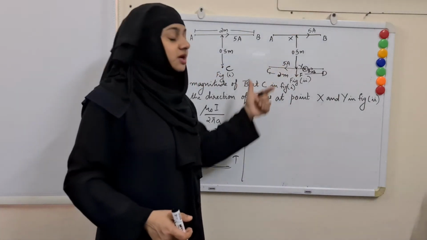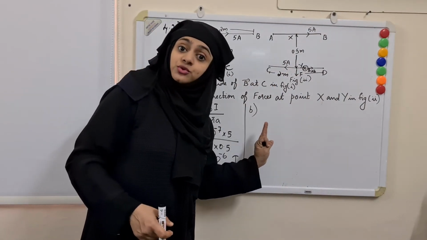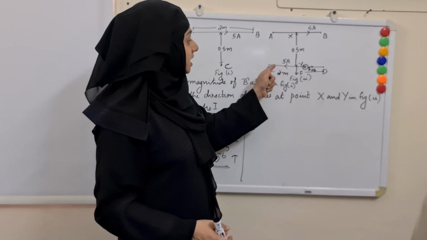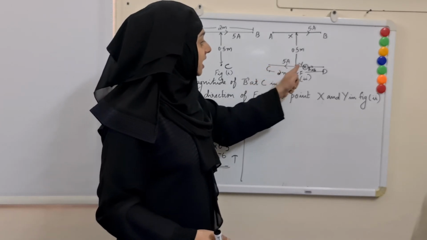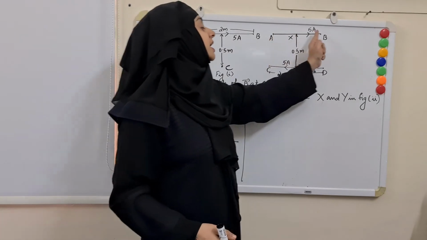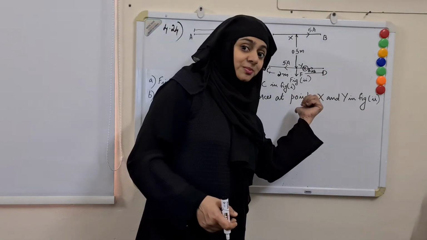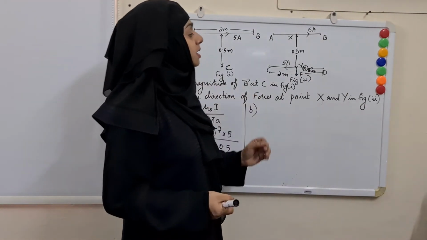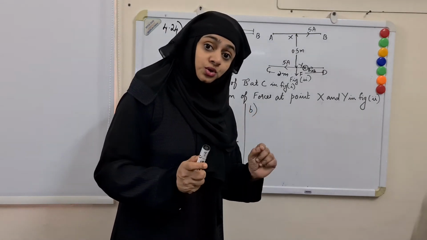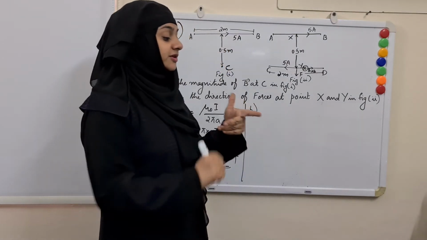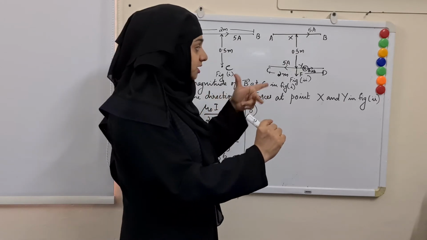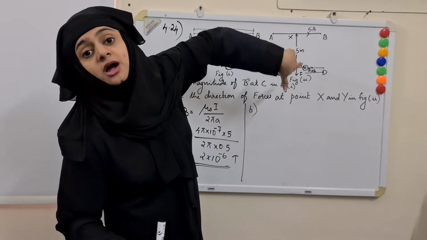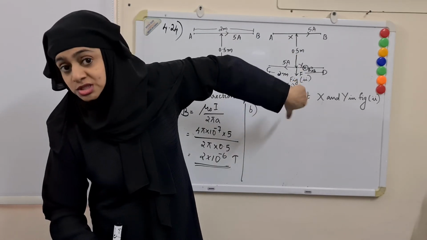So when you get a similar question for exams, you have to write here by right hand thumb rule, we can say the magnetic field at Y due to current AB is into the plane of the paper. Then you have to write by Fleming's left hand rule: if the first finger is pointed in the direction of the magnetic field, second finger in the direction of current, thumb will give the direction of force.